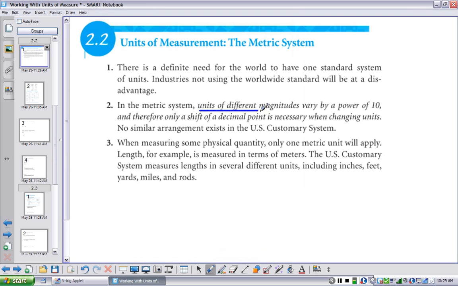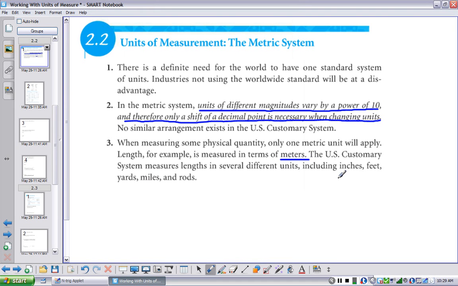And the units vary by a power of 10. So it's a shift of the decimal point when changing units, which is nothing like what we have in the United States.